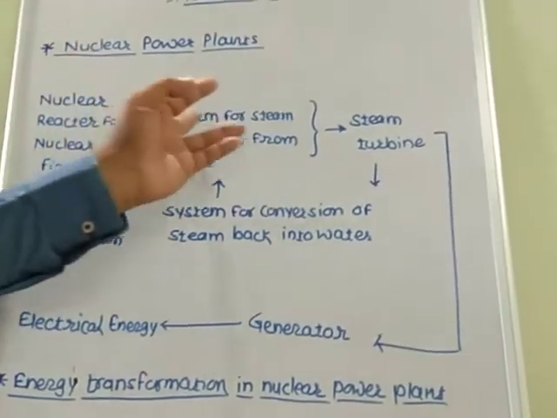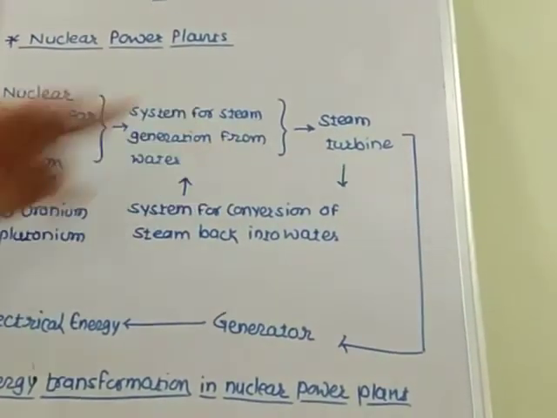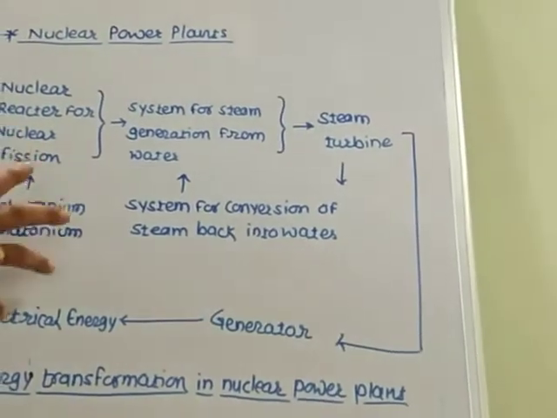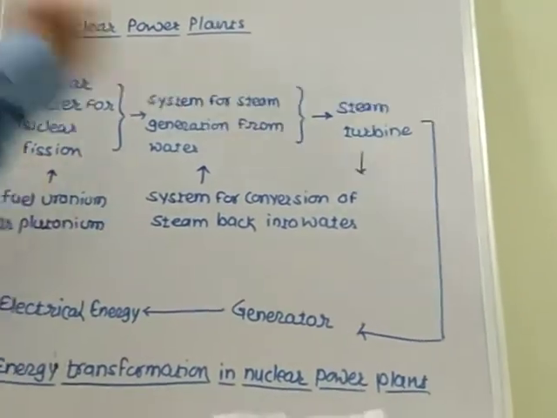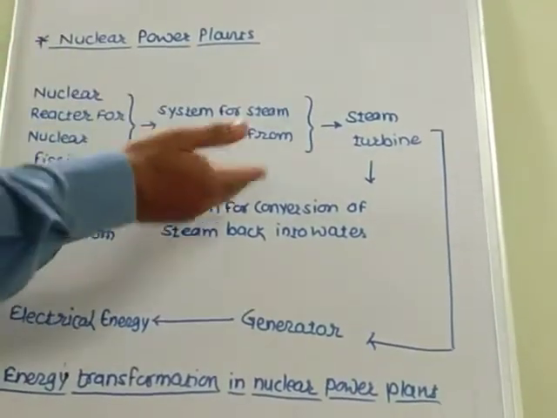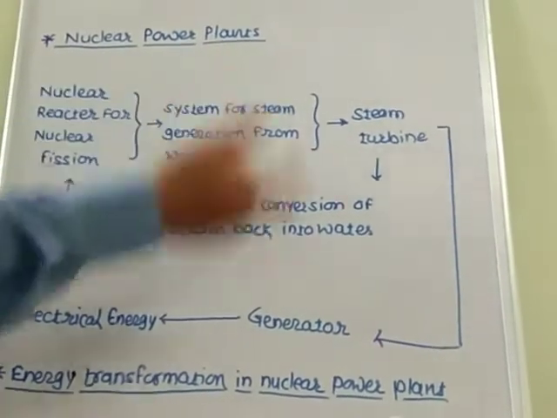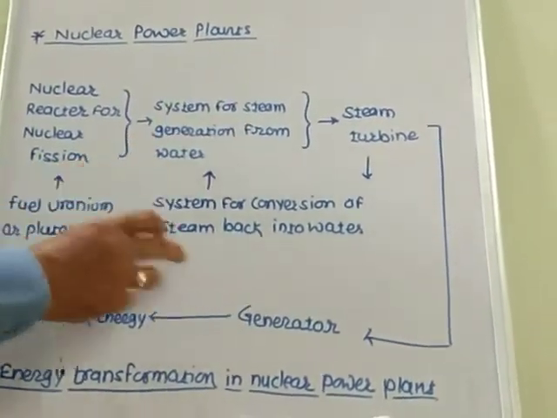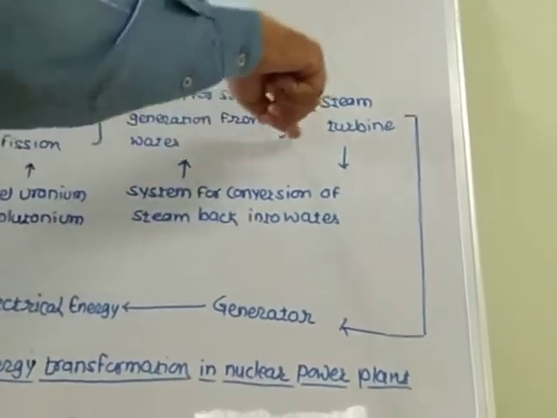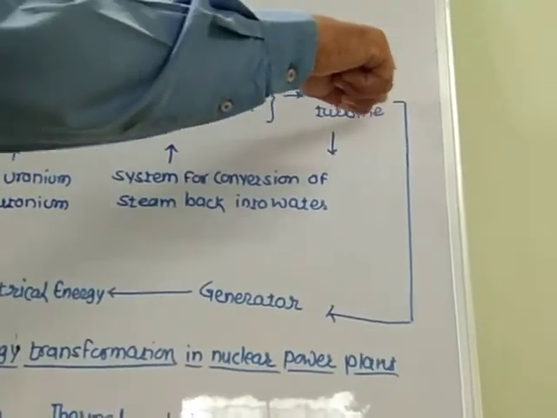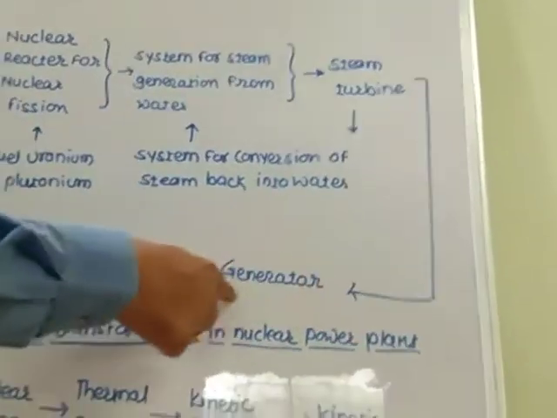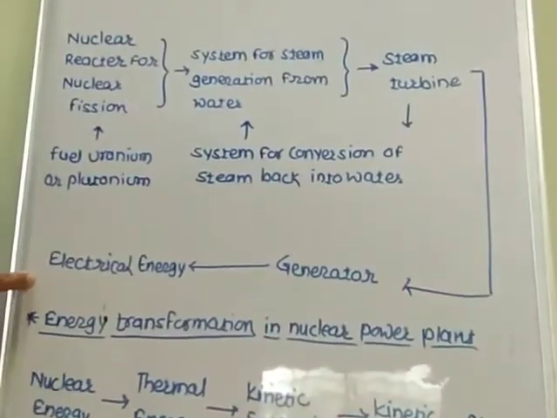Then there is the system for steam generation from water. Where nuclear fission takes place, the energy goes here and steam is formed from water. This steam goes to the turbine, the turbine rotates the generator, and the generator produces electrical energy.